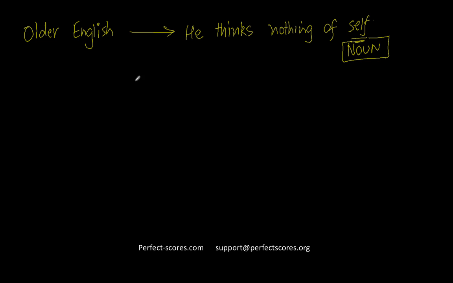And let's take another example. Another example of, again, older English. I lay me down to sleep. So in this case, if it's the modern English right now, in case of me, you should have used myself.